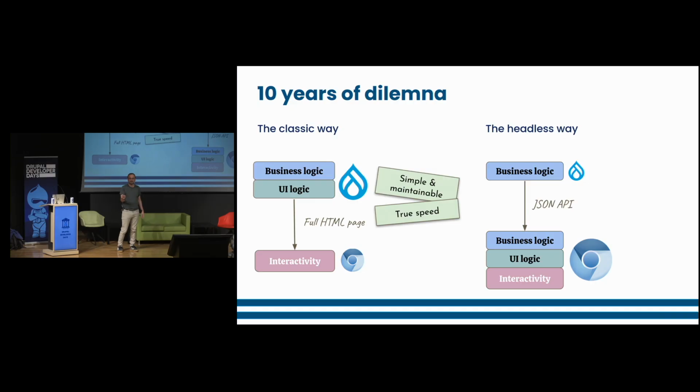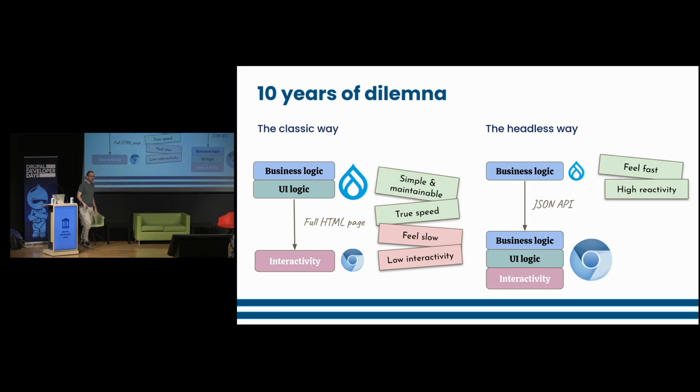But unfortunately, it was feeling slow because of low interactivity and low reactivity. The JS way, it was feeling fast, high reactivity, users love it, but in reality, it's a slow mess. State is duplicated, logic is duplicated, it's very complex and very error-prone.